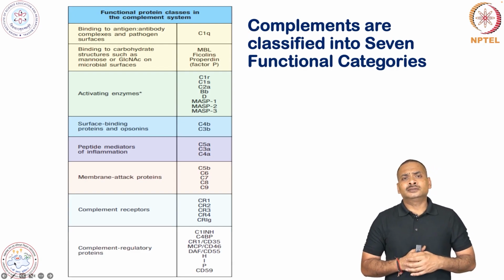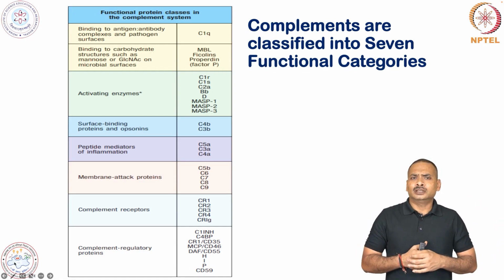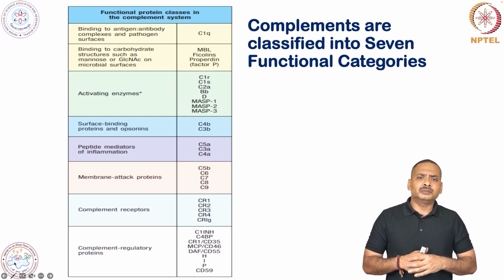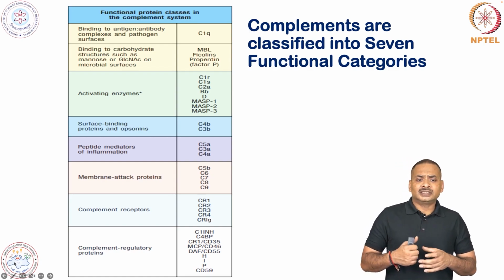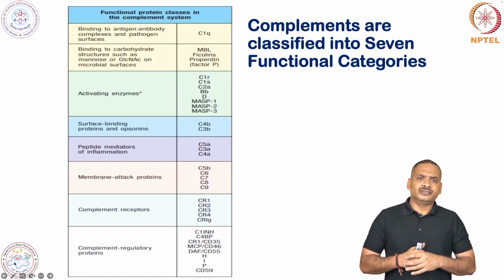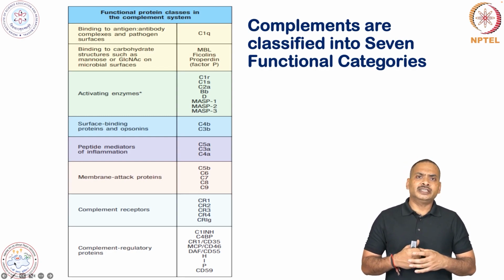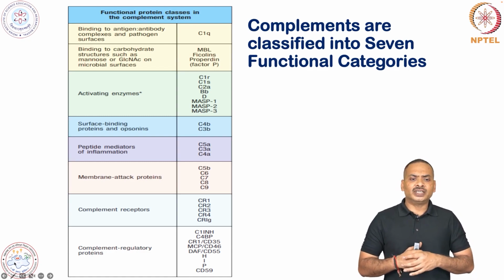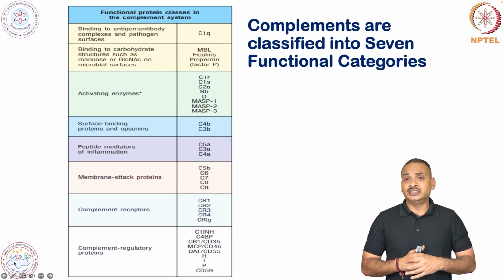There are regulator proteins in this whole complement pathway. We call them complement regulatory proteins, that is C1INH, C4BP and CR1, or its alternative name CD35, MCP or CD46, DAF or CD55, factor H, factor I, factor P and CD59.